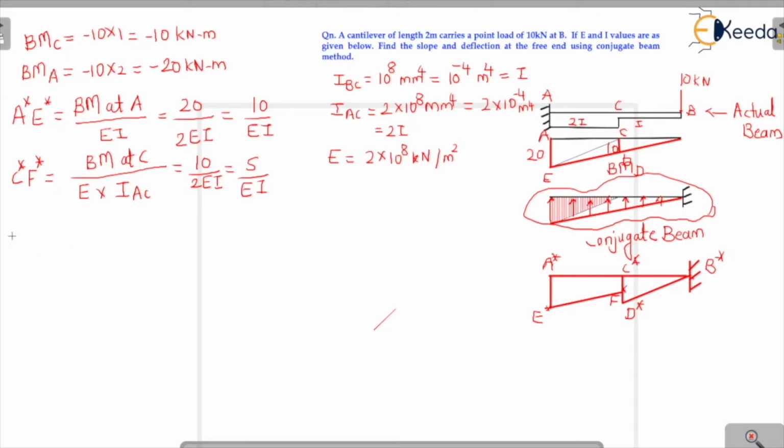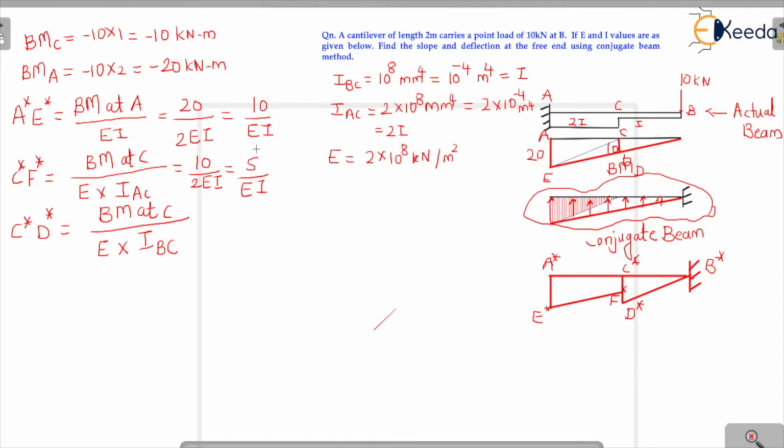Now let us see what is C star D star. In this case, it is the bending moment at C divided by E into I of BC. We have to consider this, because this is CD, this part, for the right part of the beam.